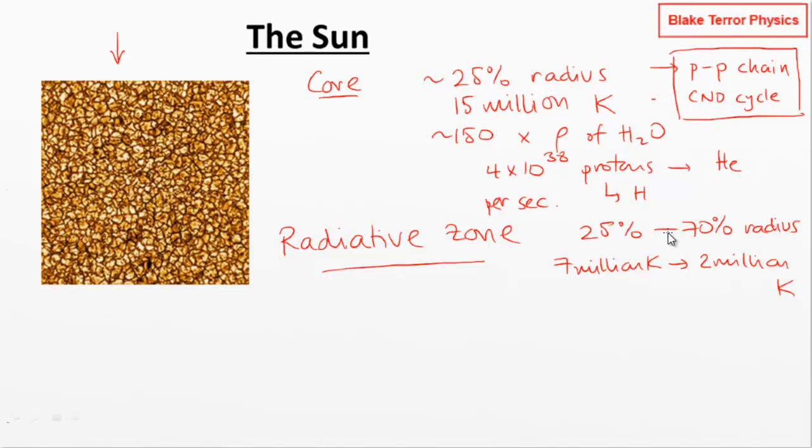And when you get to the end of the radiative zone and we move into a change in how the energy is transferred, into the convective zone, well, between these there's a change in the rotation of the sun. So the core and the radiative zone have a fairly uniform rotation. They rotate like a solid body. When you get to the end of the radiative zone and move into the convective zone, it changes.